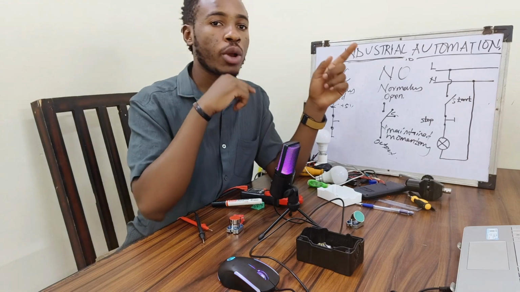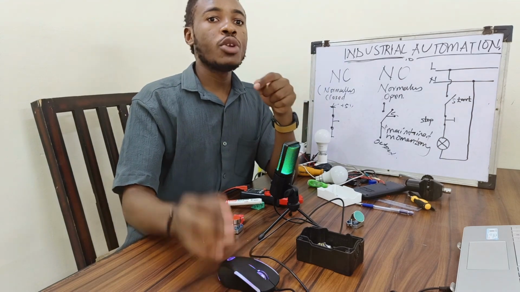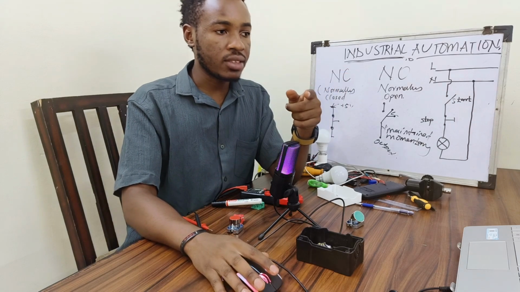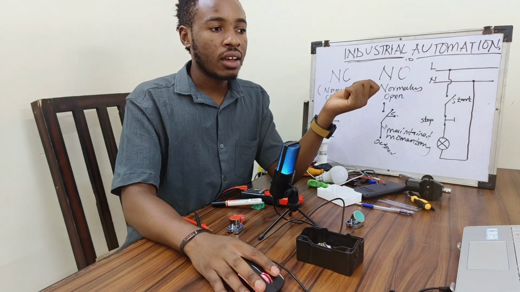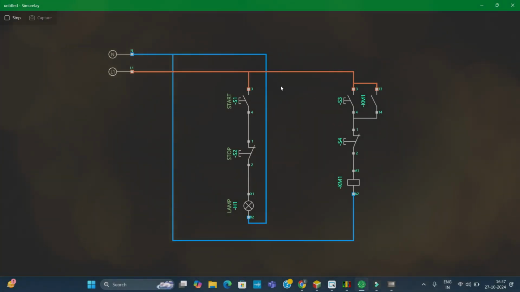I get one normally open contact because when I energize the contactor, the normally open will become closed, and it will help me bypass this push button. So again, I simulate, and this is the second case that I want.